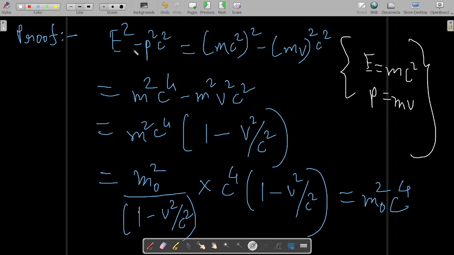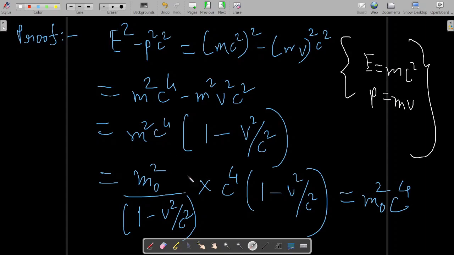We substituted these two values in the expression. Finally, m square C to the power 4 comes, m square v square comes, and C square remains. We take m square C to the power 4 common, and 1 minus v square by C square is in the bracket, with m square C to the power 4 outside.